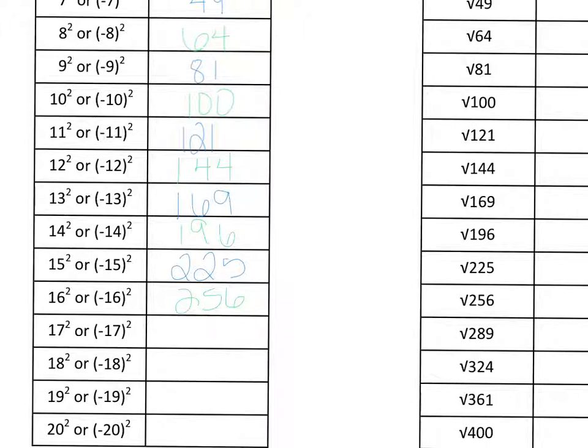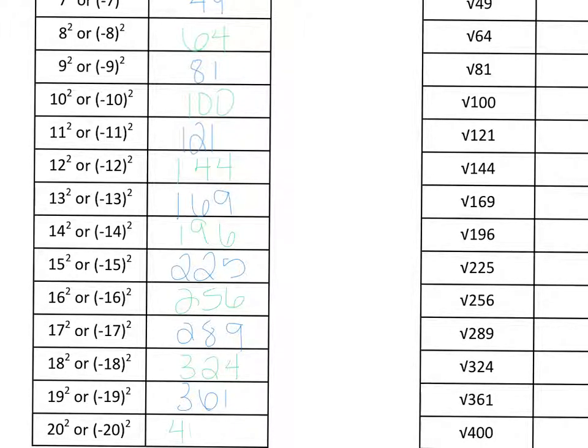17 squared, or negative 17 squared, is 289. 18 squared, or negative 18 squared, is 324. 19 squared or negative 19 squared is 361. 20 squared or negative 20 squared is 400.